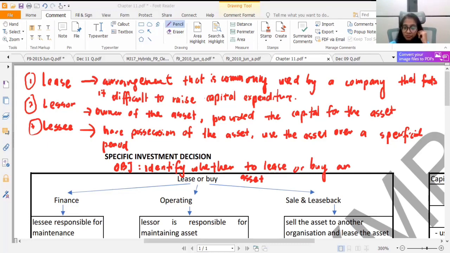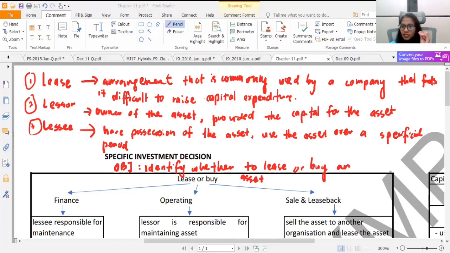The next one, if you are a company that is unable to obtain a loan, like what I told you just now, the reason why people choose to lease assets is because sometimes they don't have enough capital to buy it.